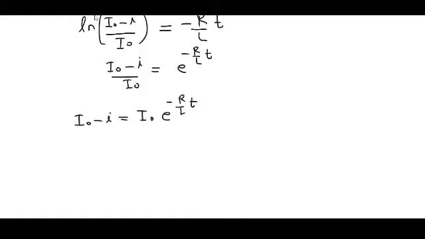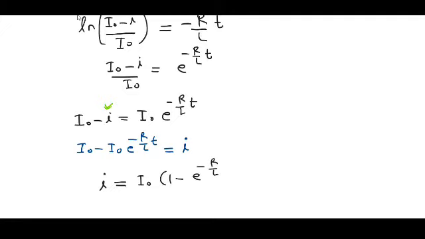We were looking at an expression for the current. The current term is here. I can keep this current in one side and take all other terms to the right side. That is, I0 minus I0 e power minus R by L t, that is equal to I. Or this I can be written as I0 into 1 minus e power minus R by L t.